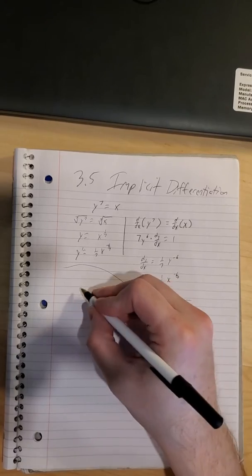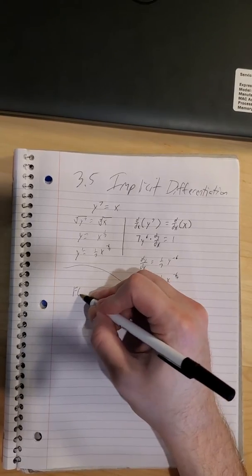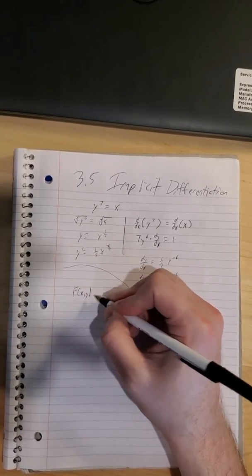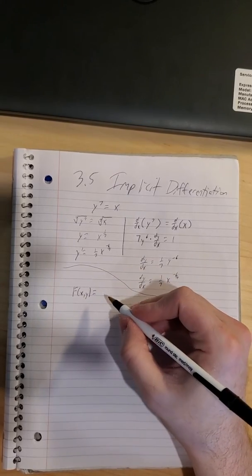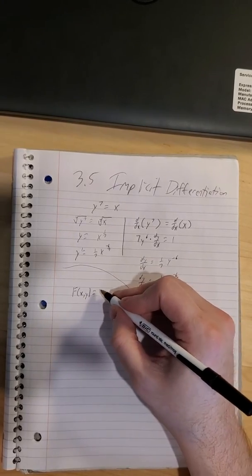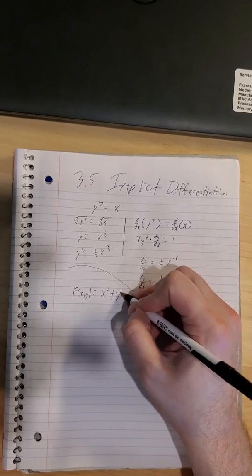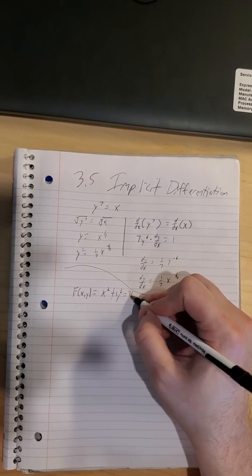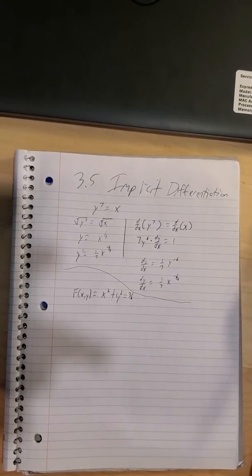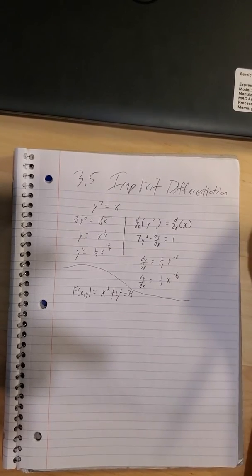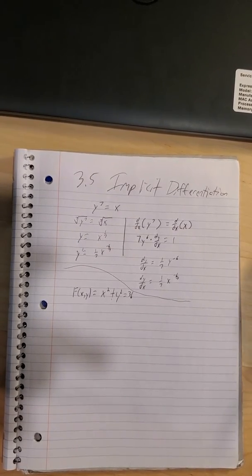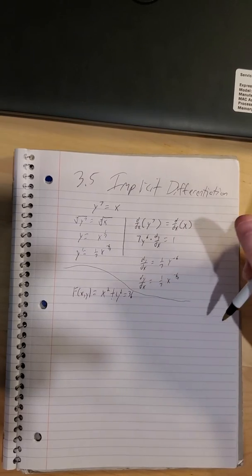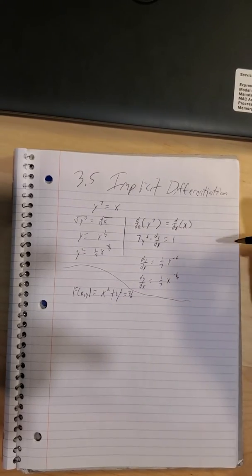So this next one we'll look at is the graph of a circle, capital F of x, y. So we're treating x and y as our inputs here. It's going to be x squared plus y squared, and we'll set that to 36. So hopefully you recognize that from your college algebra days. This is a circle of radius 6 centered on the origin.